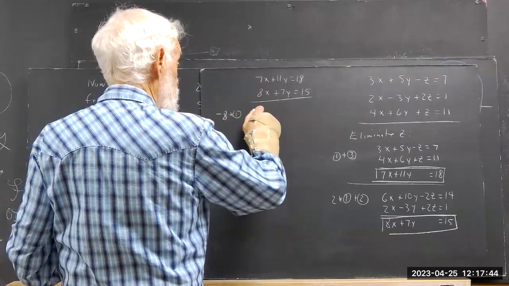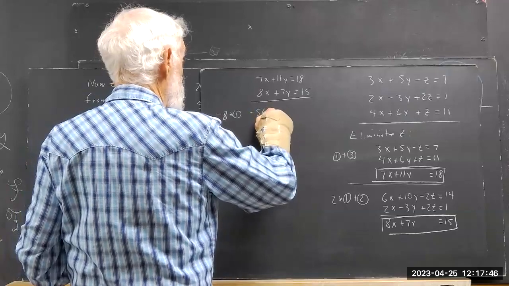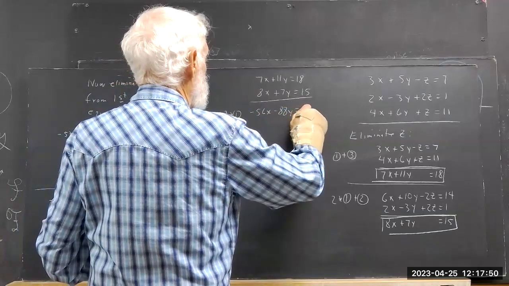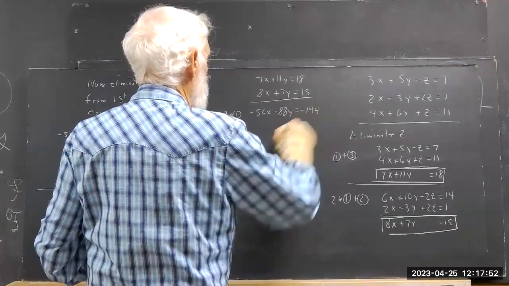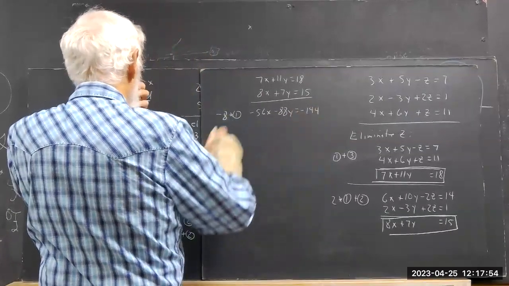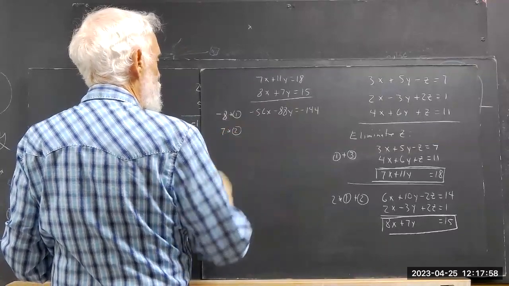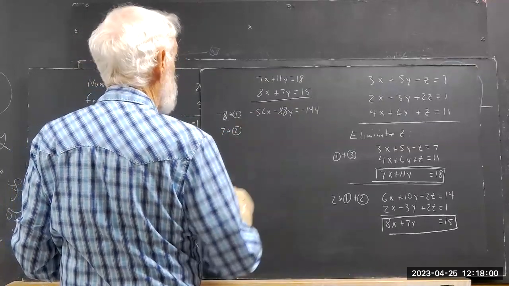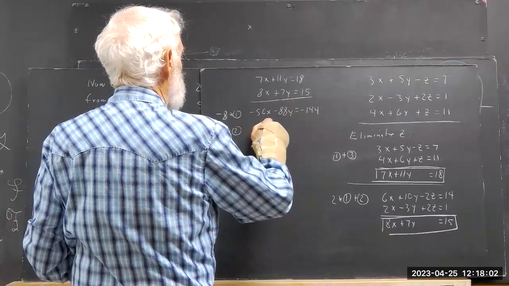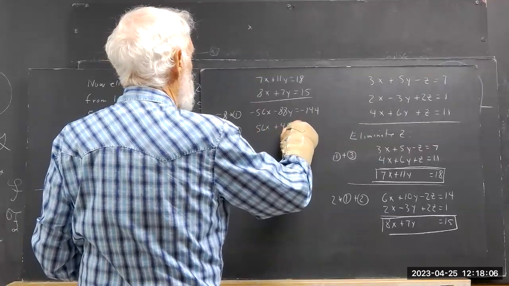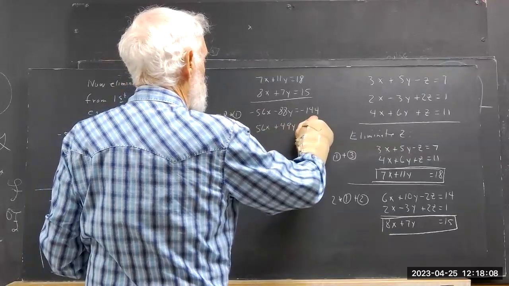That's the first equation, going to give me negative 56x minus 88y equals negative 144. And then I'm going to do 7 times the second equation, which is going to give me 56x plus 49y equals 105.